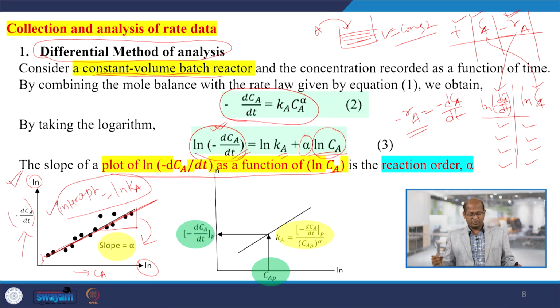This is the differential method of analysis. If you know the product concentrations, from there you can also get these values.